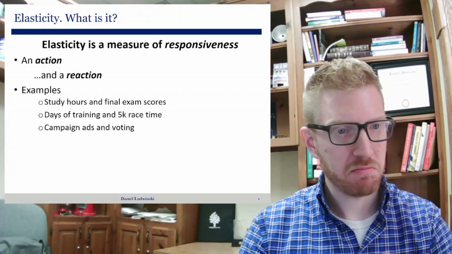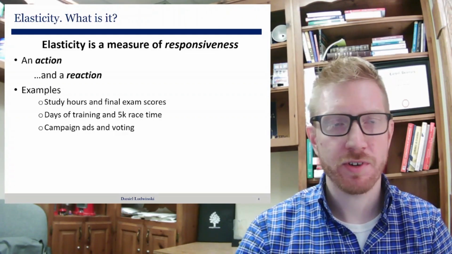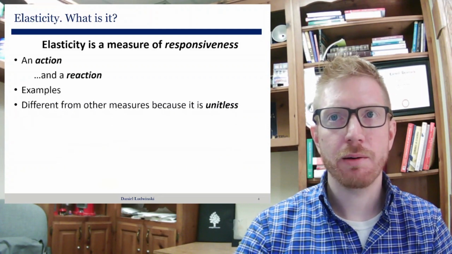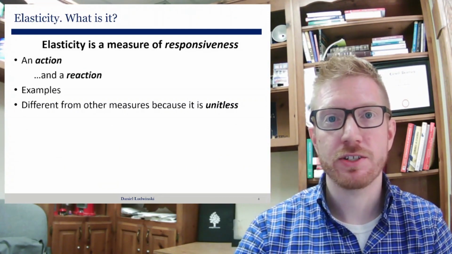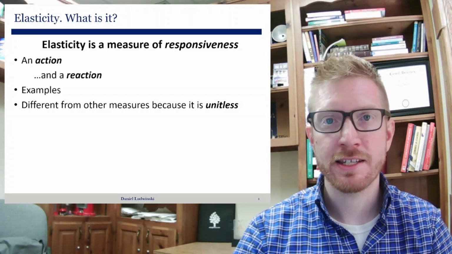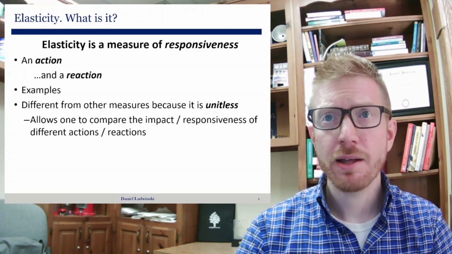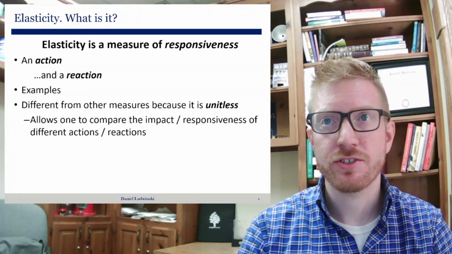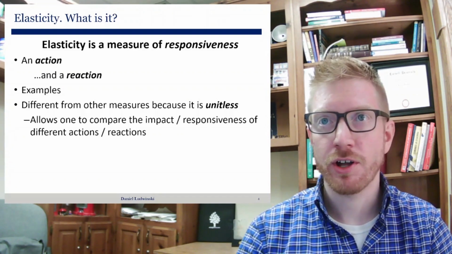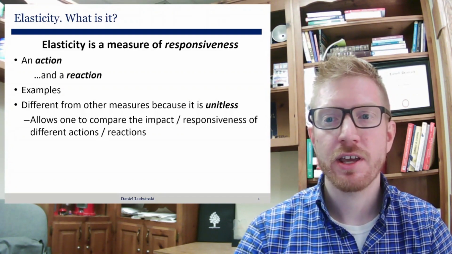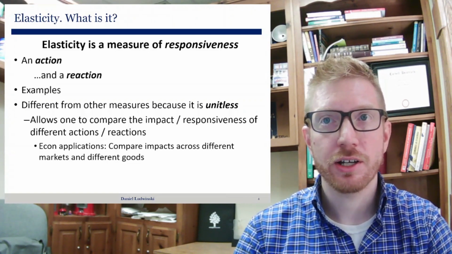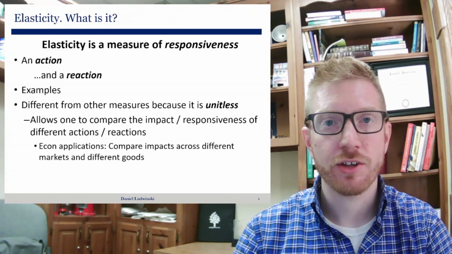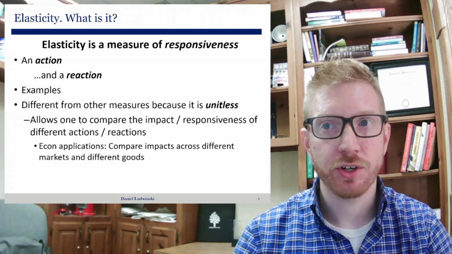Voting, very different from exam scores, very different from race times. But we can speak to the responsiveness by looking at elasticity. Because it's unitless, it allows us to make comparisons across different actions, reactions, and for our application in economics, it's going to let us do comparisons across different markets and different goods.